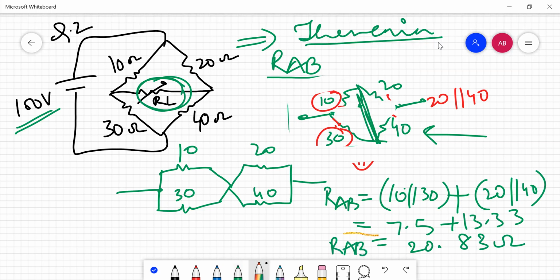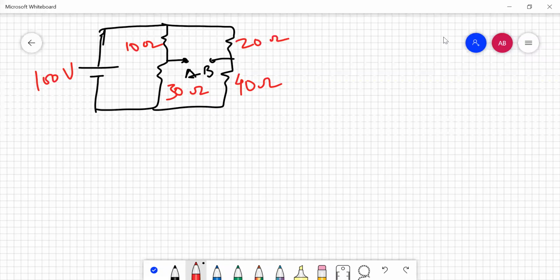So the next thing we are going to find out is the value of my VAB. Again, I have drawn it a little differently so that it is easily visible to you all. If you just see, these AB terminals are the same as that bridge that we have just seen, where the current is getting divided here, and similarly it is coming from here till here.